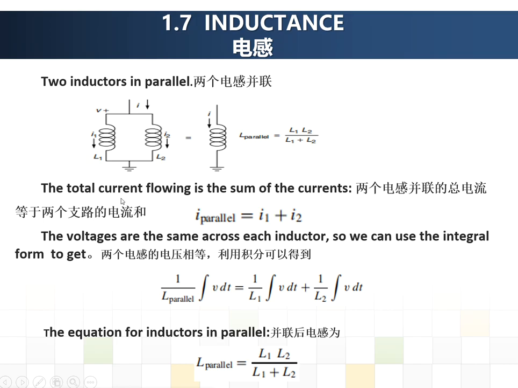When two inductors are in parallel, the currents are different, but they have the same voltage. Similar to resistance, L parallel is equal to L1 multiplied by L2 divided by L1 plus L2. The total current flowing is the sum of the currents, so I parallel is equal to I1 plus I2.